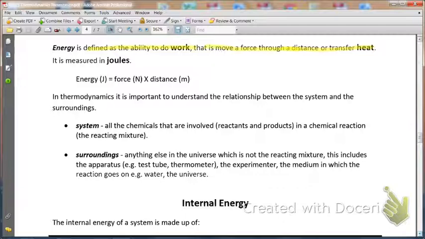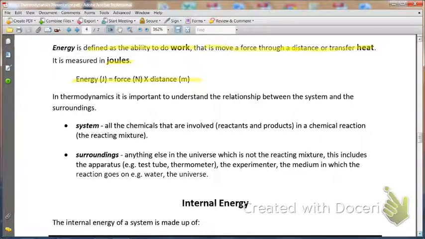Now, energy is measured in joules. So what exactly is a joule? Well, the equation below gives us the definition of a joule. A joule, which is energy, is equal to the force, which is in newtons, times the distance that the force applies to the object.